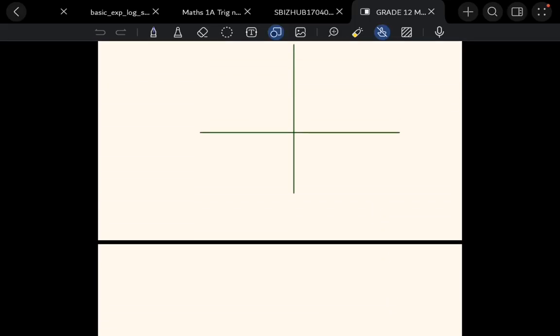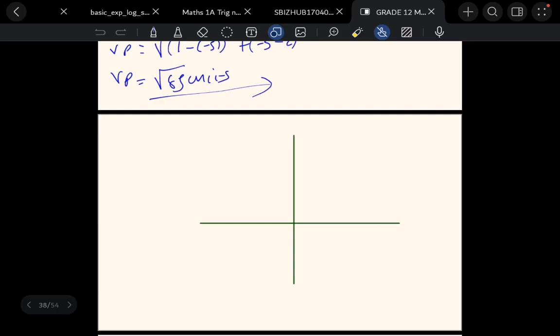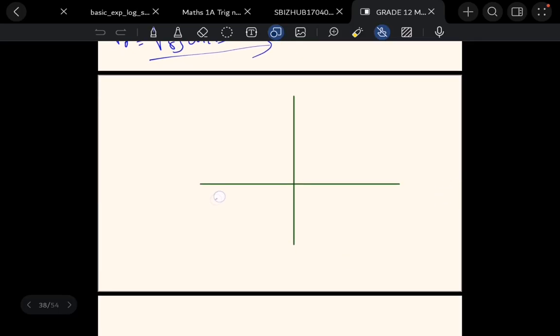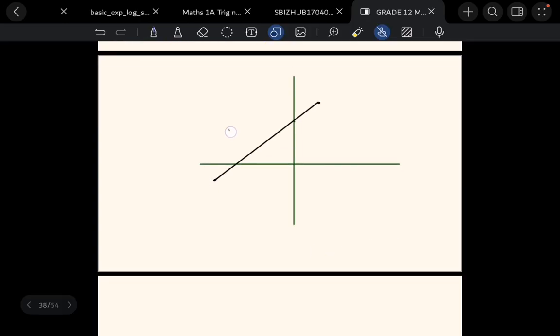Let us just revise. How do we find the equation of a straight line? Let's say we have a straight line there. Let's call these coordinates A, which is (2, 2), coordinates B, which is (-4, -6), and then S, which is going to be (-8, 7).